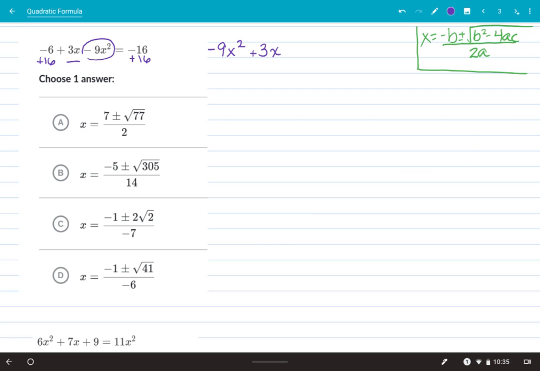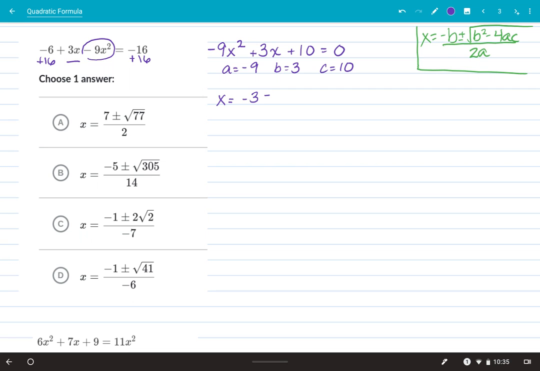And then what we have left, 16 minus 6 is going to be 10, equals 0. Now it's in the form we want. They like to mix it up. So a equals negative 9, b equals 3, and c equals 10. A, b, and c. Now plug it into the equation.